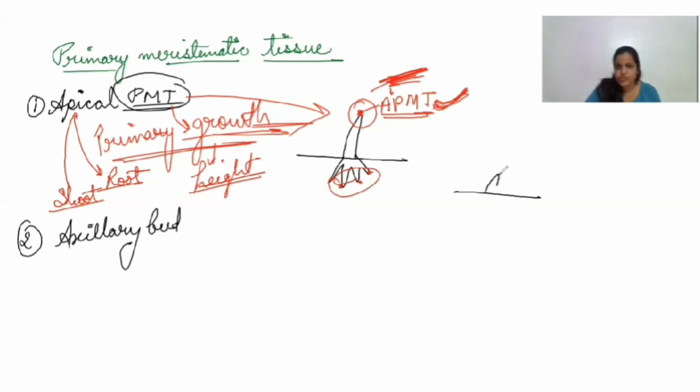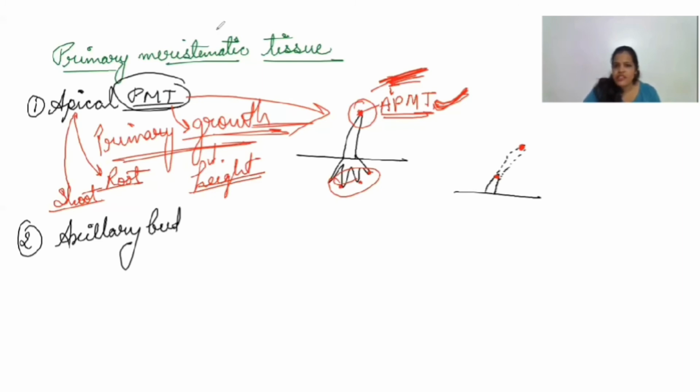This is one shoot which is growing, and on this shoot there is this apical meristem present. Now, this apical meristem is going to help the shoot to grow like this, and the apical meristem will reach the tip here. Right?